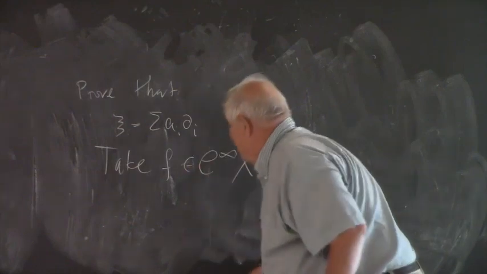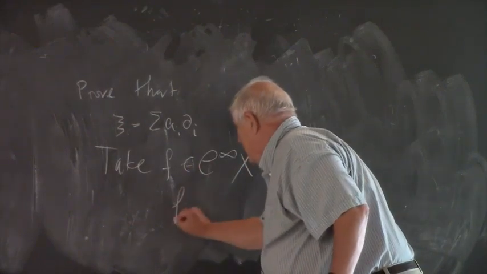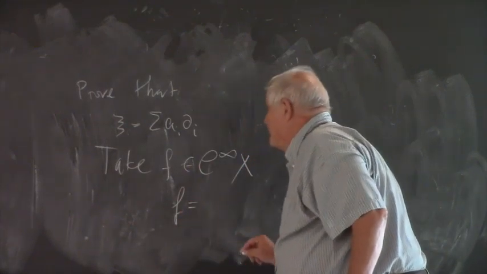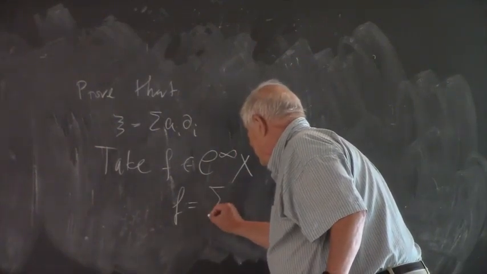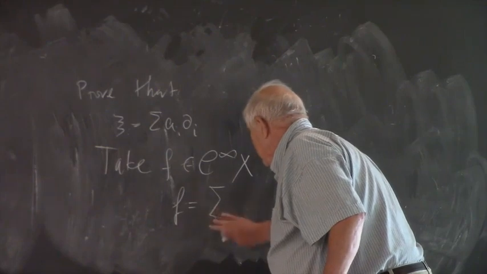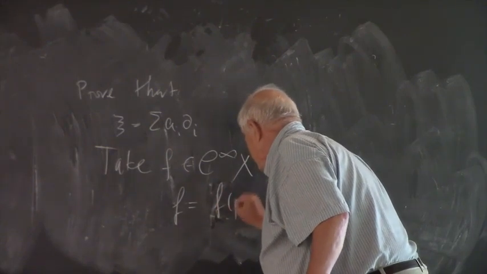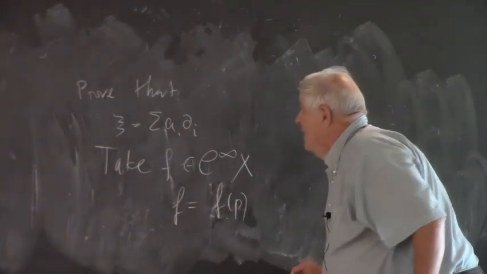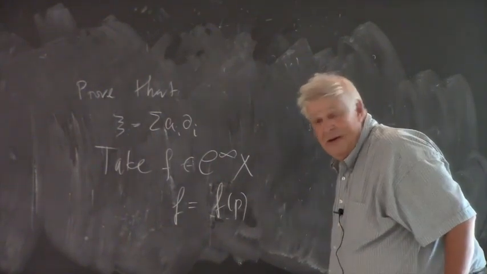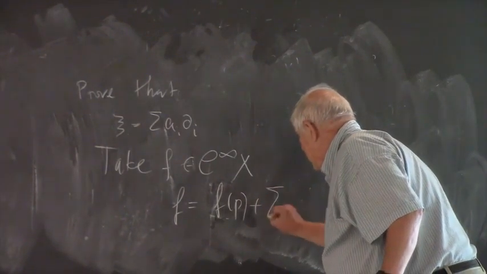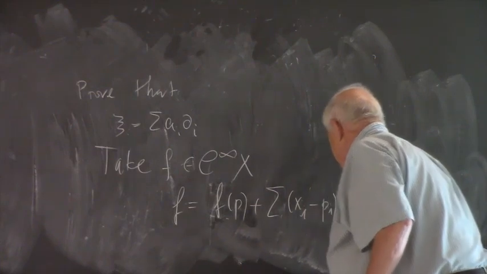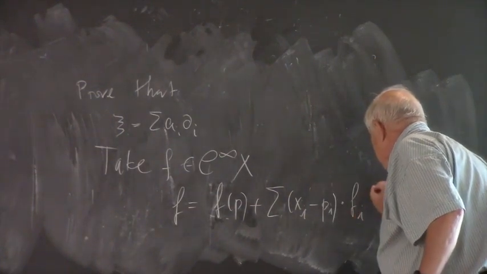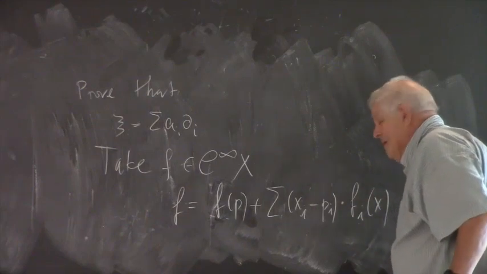So f is equal to the sum, well, first of all, f of p. You remember, C is the vector, right?